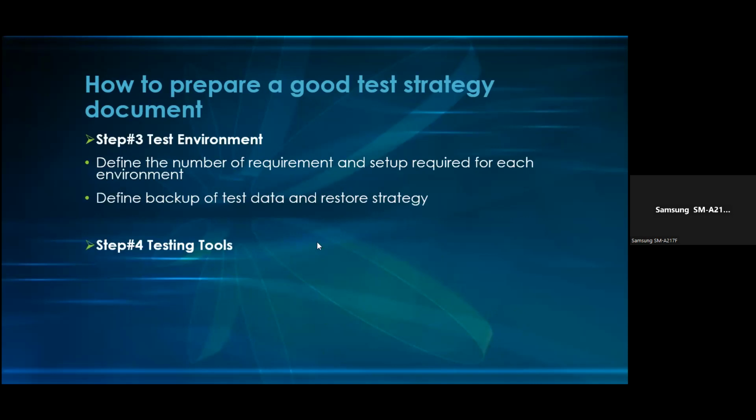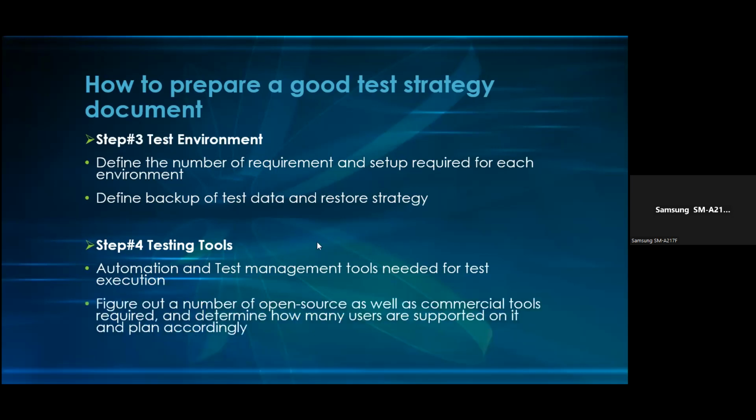Then testing tools. What are the tools? You are going to do automation. I've been talking about Visual Studio. You need to know the libraries. You need to know, is it Visual Studio 2022 you're going to use? So you need to know the libraries. You need to know the tools, the things that you're going to add into it. So you just need to know the test management tools for the execution.